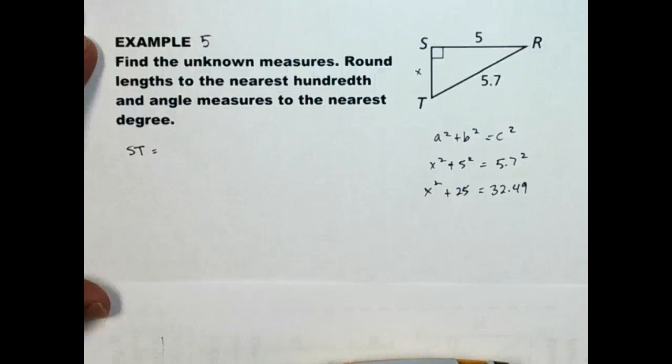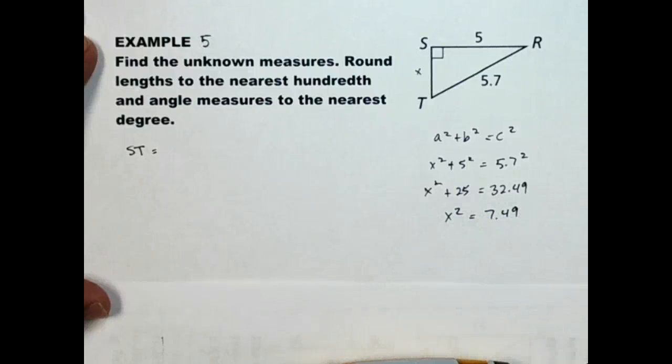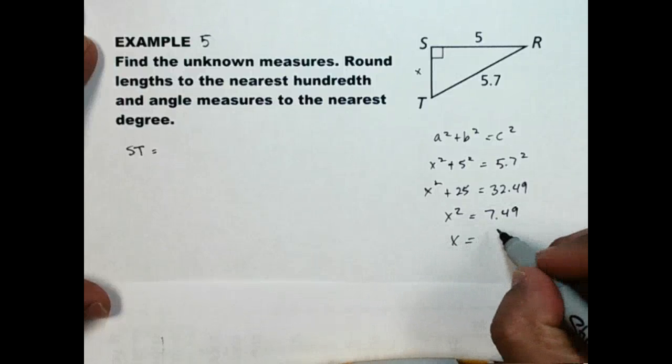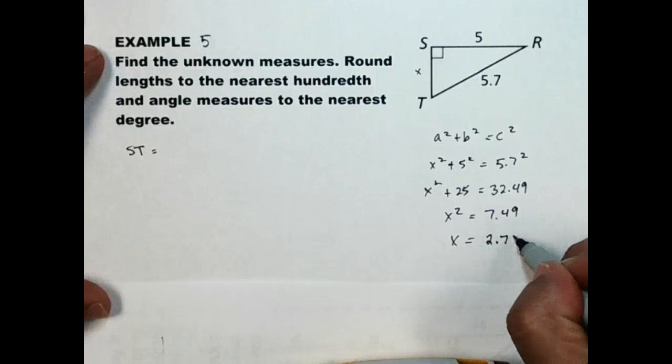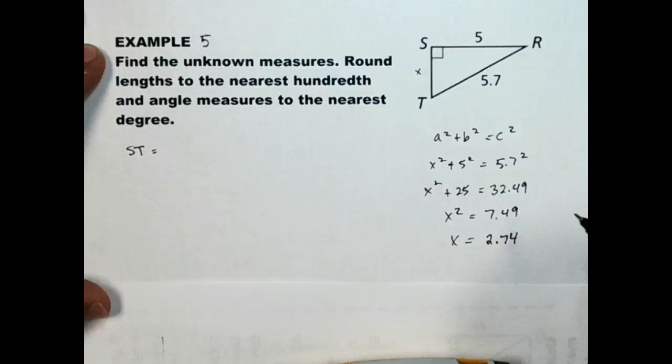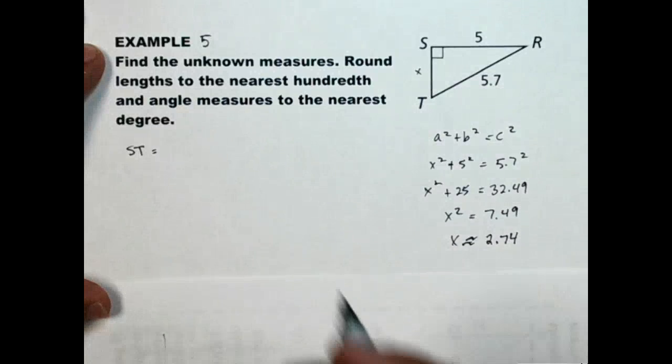If I subtract the 25 from both sides, x squared is equal to 7.49. I take the square root of that. x is equal to 2.74 if I round that off. If I put that in the calculator, that's what I get, 2.74.